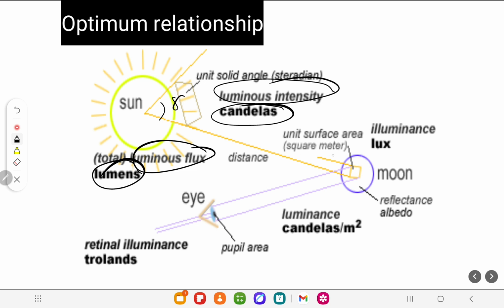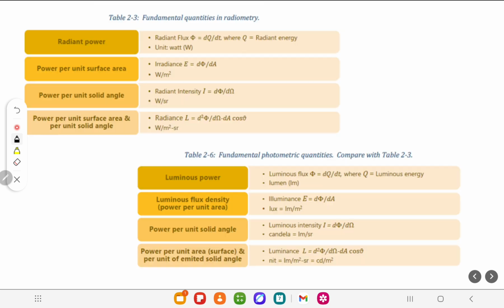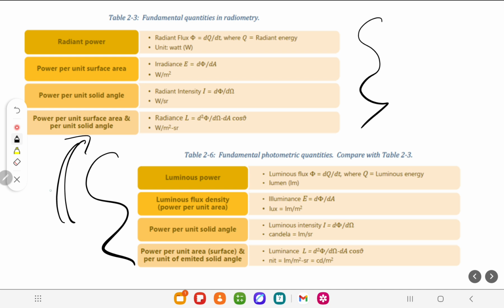When it goes to a unit surface area, it's called illuminance. How light reflects from the surface is luminance, candela per meter square. And when it goes to the pupil, the retinal illuminance unit is Trolands. Again, I want you to stop this video and compare these units, and you will understand more and more about photometry.